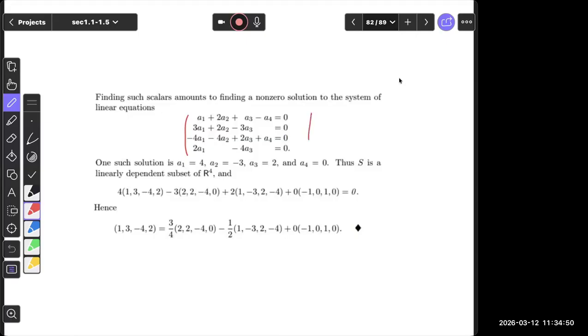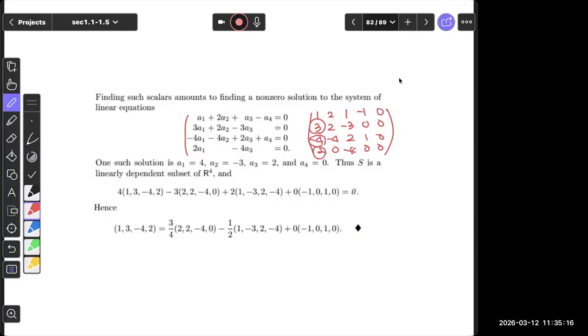So, for example, you first construct the augmented matrix, and then you need to perform elementary row operations to eliminate 3, minus 4 and 2 in the first column.